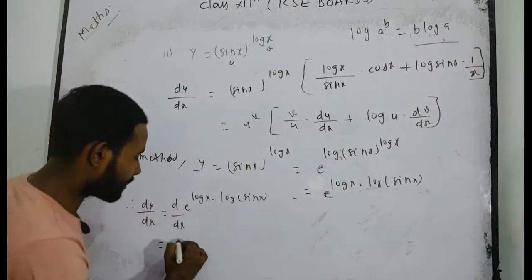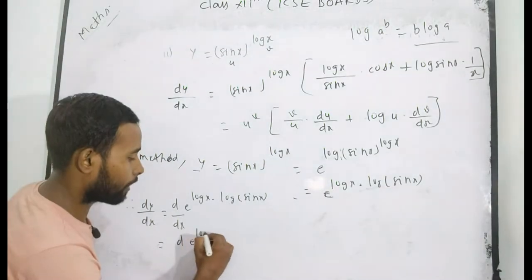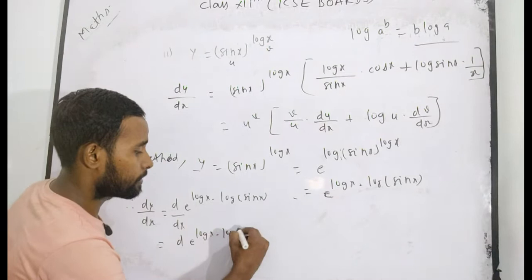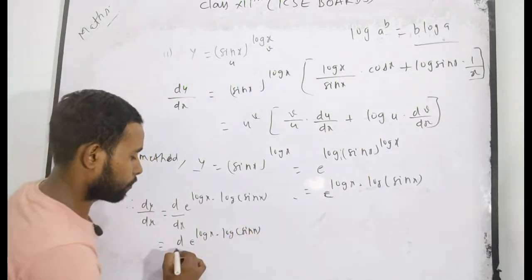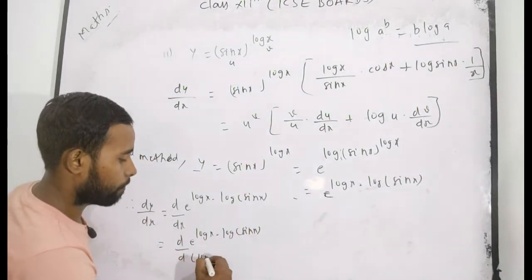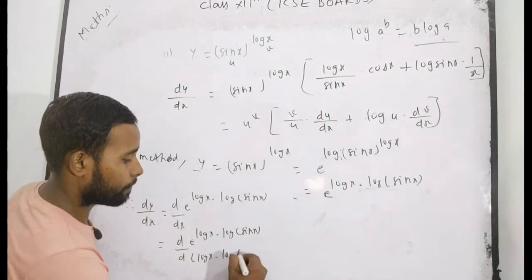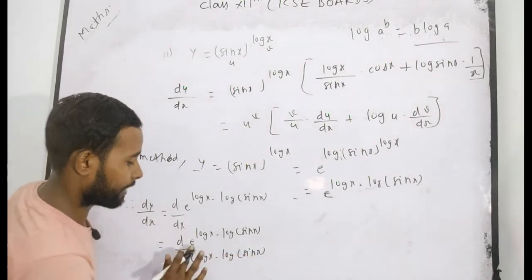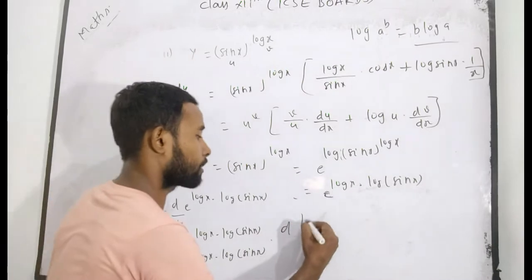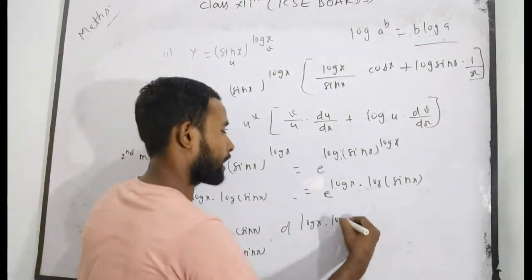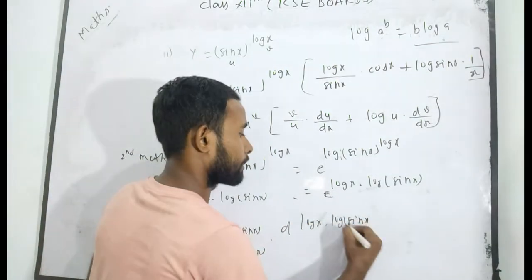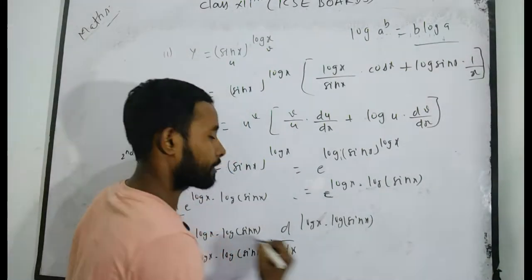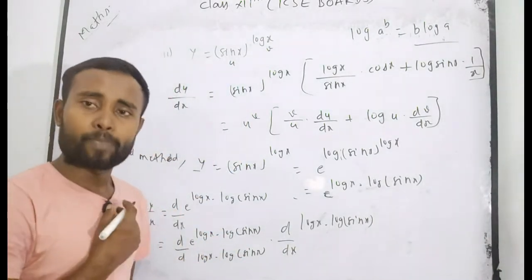That's why first differentiate e to the power log x into log sin x with respect to the function log x into log sin x. Thereafter you have to differentiate log x into log sin x with respect to x. I think you understand very well.